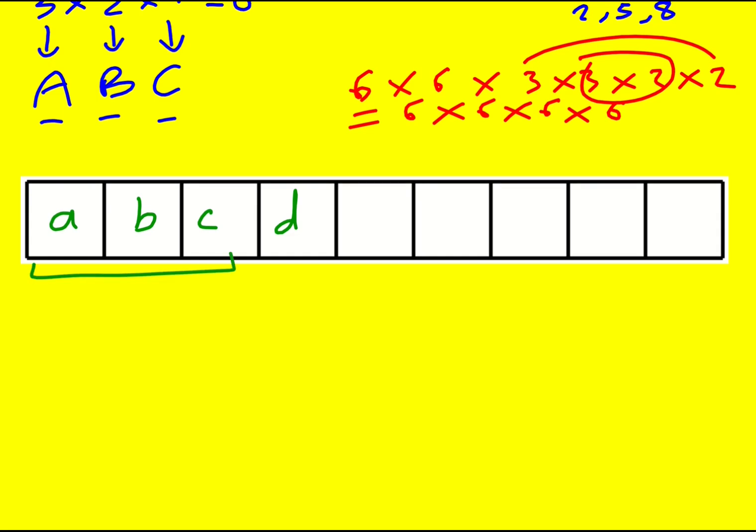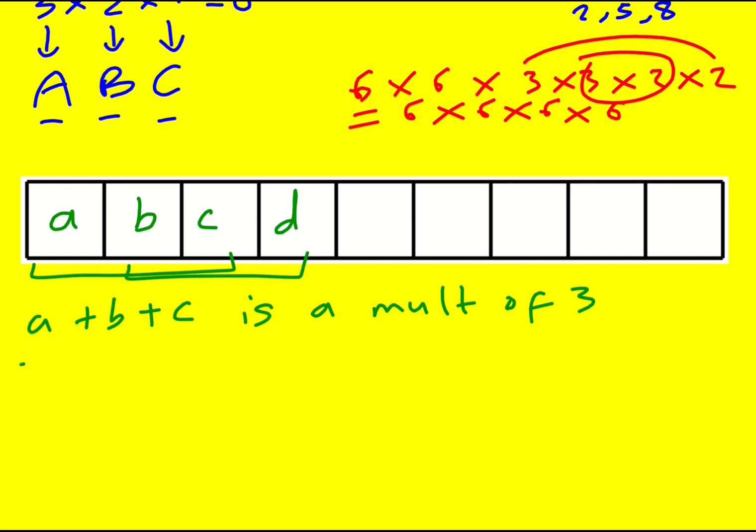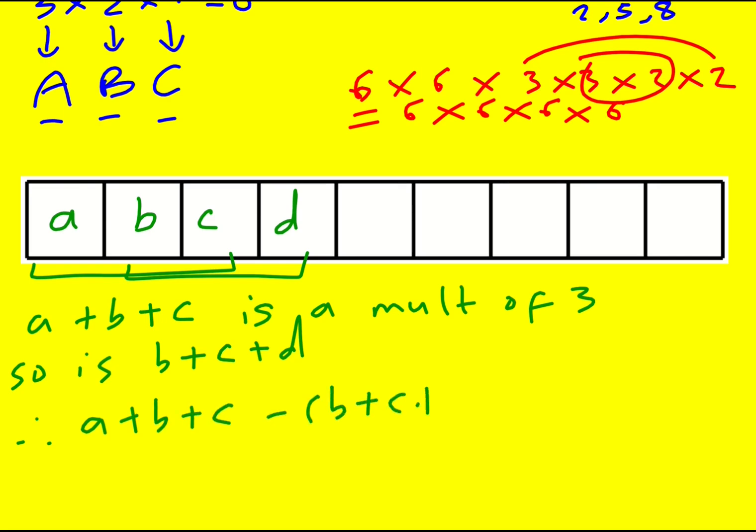Now we know that these are multiples of 3, so A plus B plus C is a multiple of 3. But so is B plus C plus D. So that means if you subtract them, A plus B plus C minus B plus C plus D is as well, because we're just going down the times table.